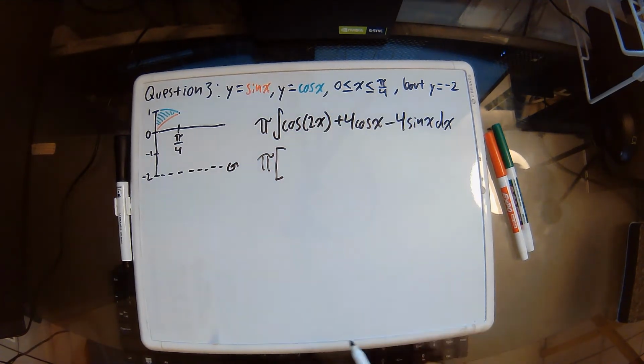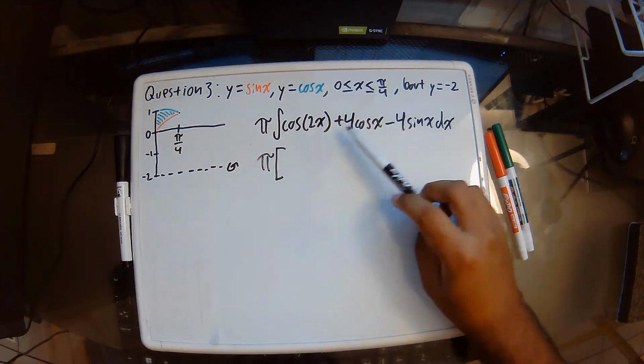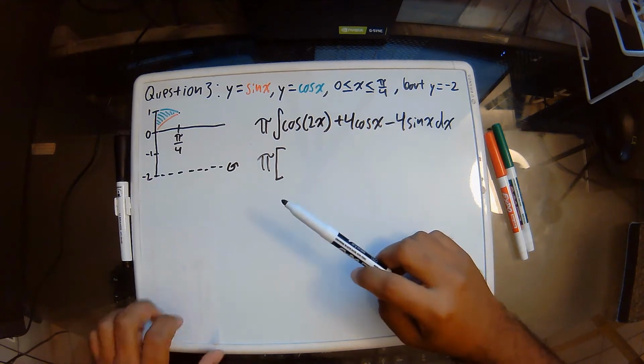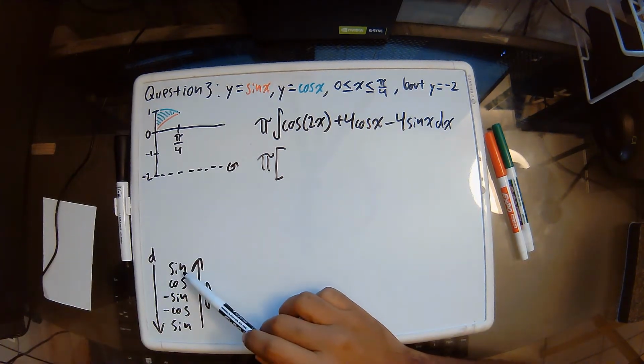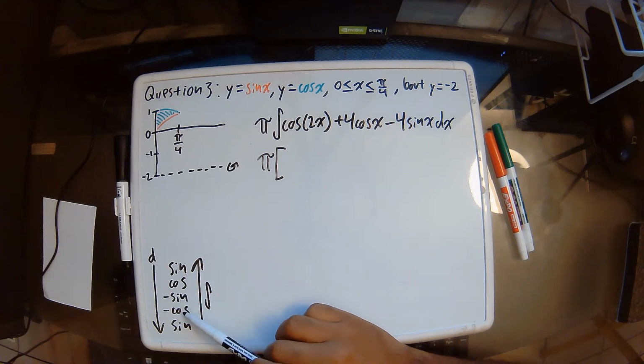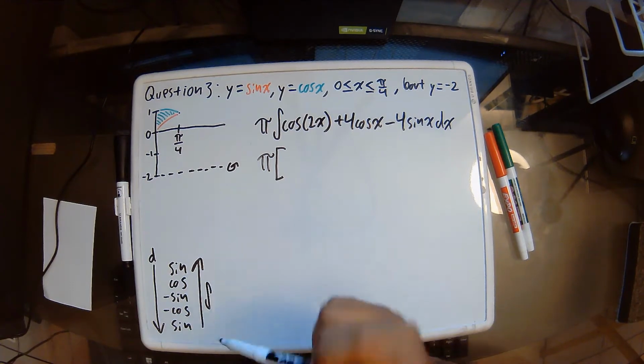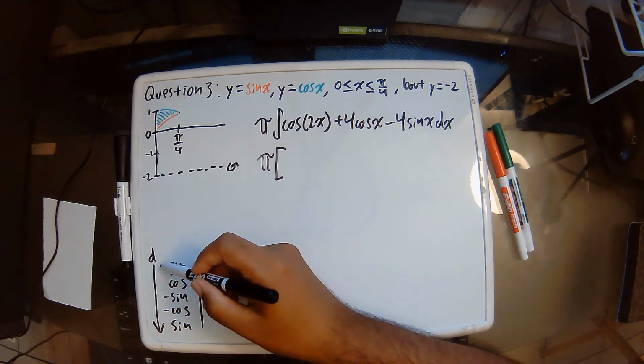So one thing that I do personally when working with trig is I like to draw this thing on the bottom right here. We have sine, cosine, minus sine, and then back to sine. When we derive it, we read this list going down.